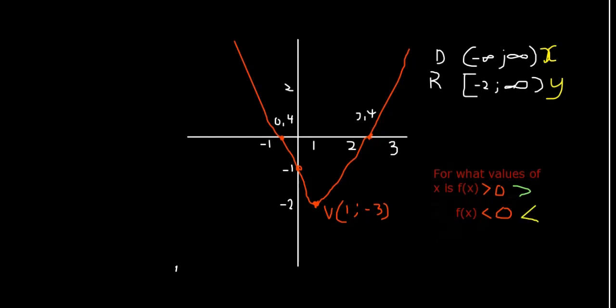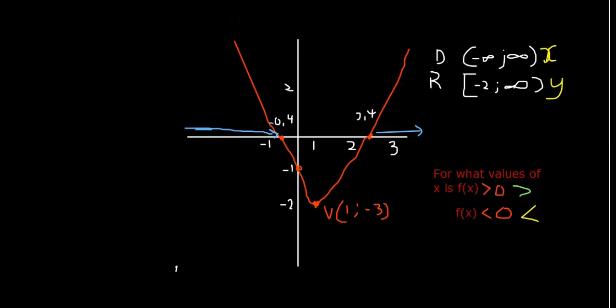Now you can actually see that from infinity to negative 0,4 here, and from 2,4 here to infinity, the y values will increase. Again, the y values will be increasing.